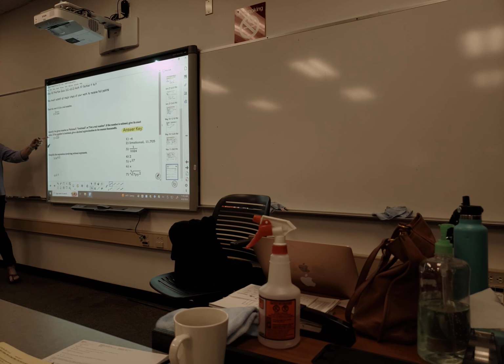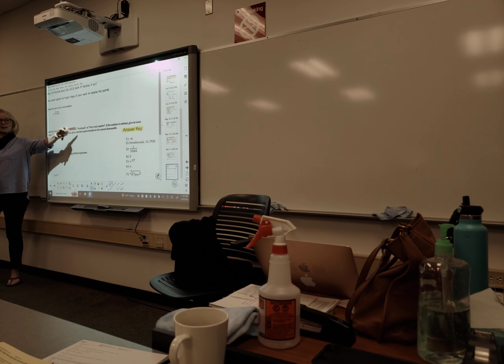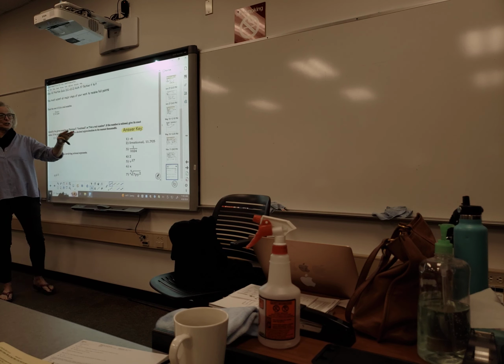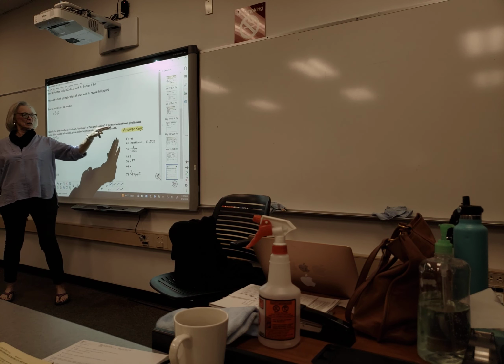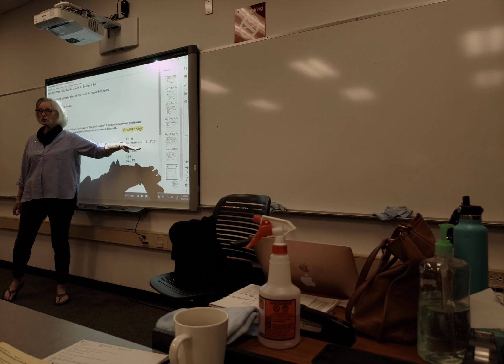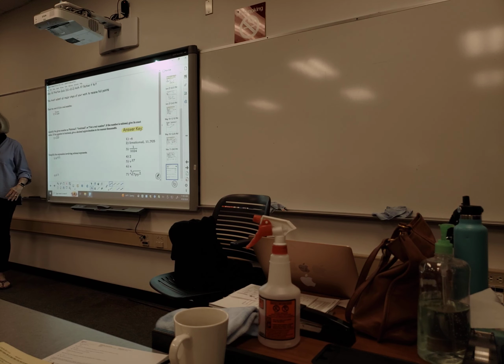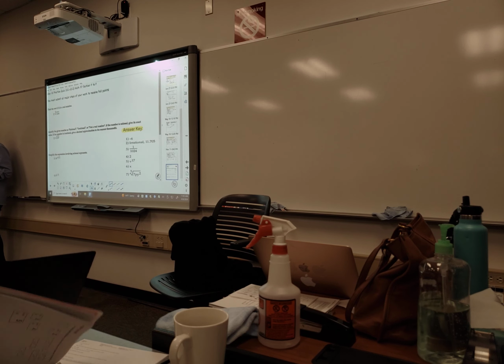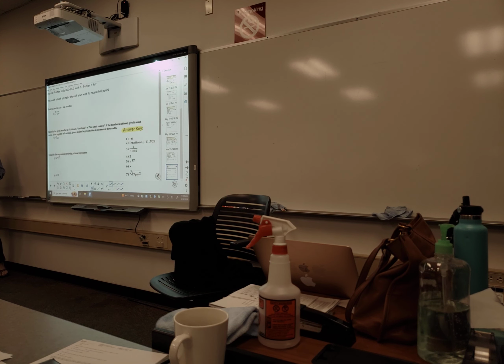Number two says, is it rational, irrational, or not real? You want to try this on your calculator, see what the answer is, and then it says round to the nearest thousandth. So you need to know how to do that on your calculator. If you don't know how to play on your machine, you've got to go learn how to do these keystrokes if you don't bring your calculator to class.